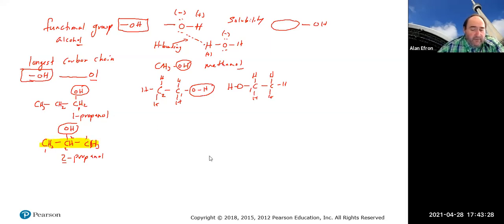That's that isopropyl group, which is why this is also sometimes called isopropyl alcohol, also known as rubbing alcohol as well. So a few different names in terms of what you could come up with. This again is more of the IUPAC name, kind of that official way of naming. Same thing here with our 1-propanol.